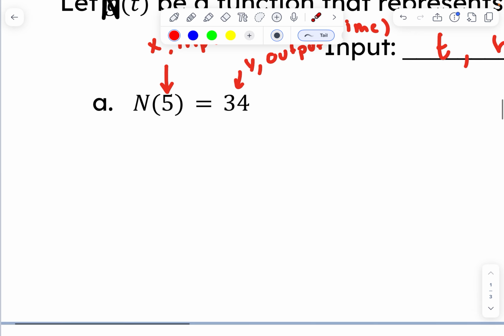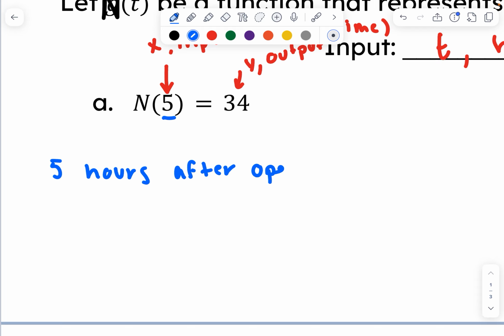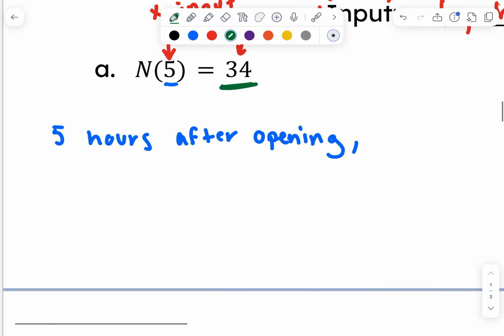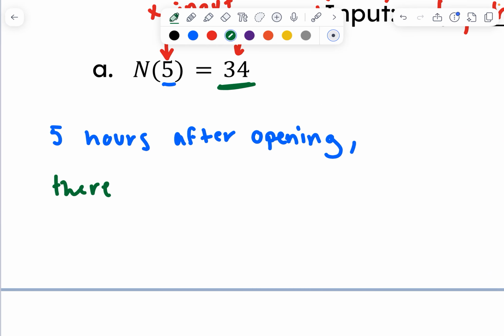So in this example, this statement is telling us 5 hours after opening, there are 34 people in line. Again, because our output is number of people in line.